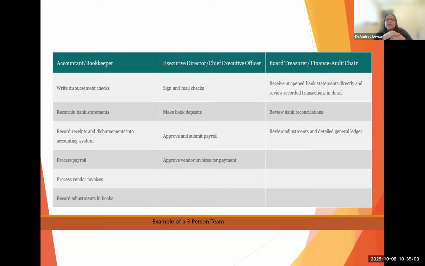I had an instance where an organization, unfortunately, one of their staff was able to embezzle a great amount of funds because they were doctoring bank statements.